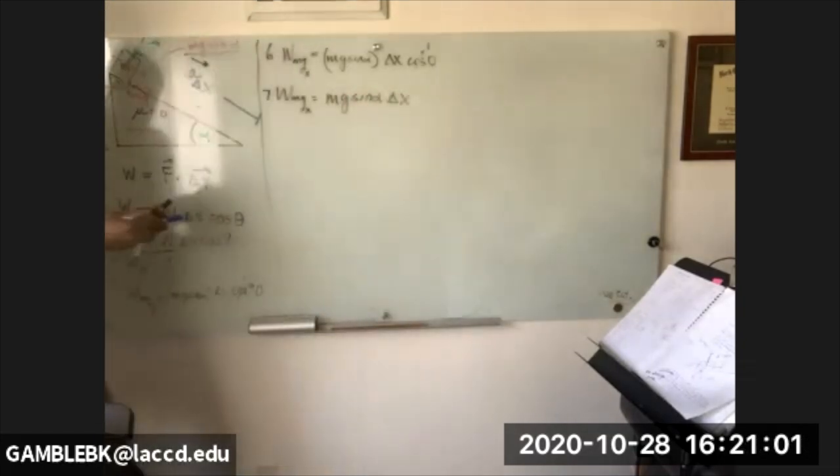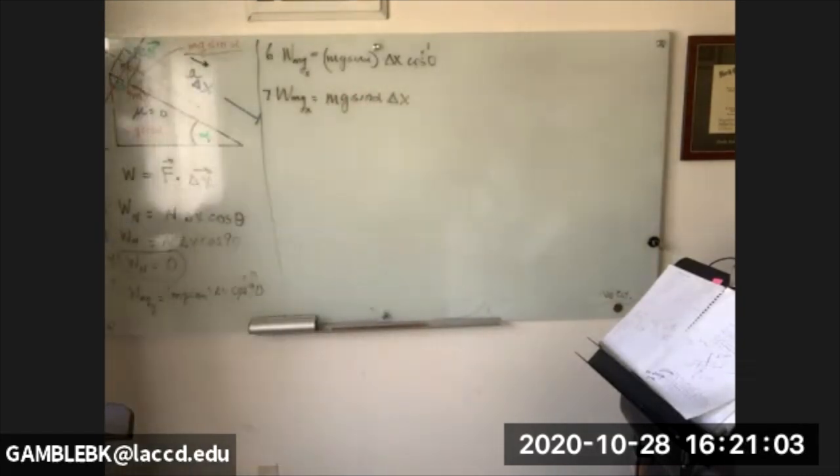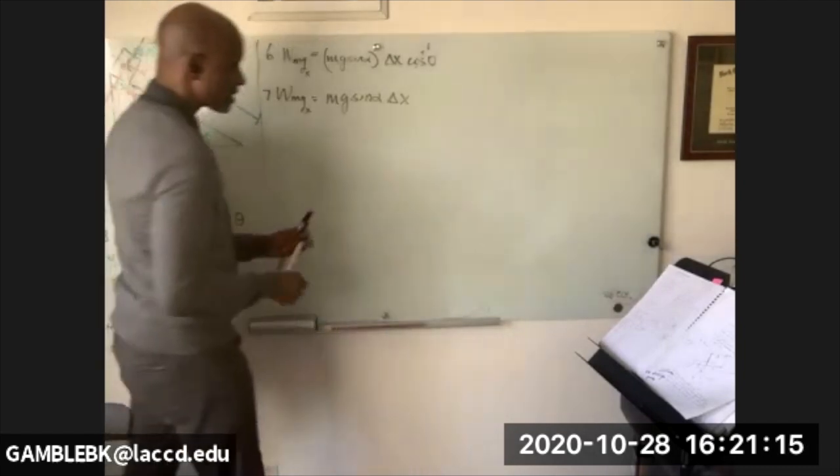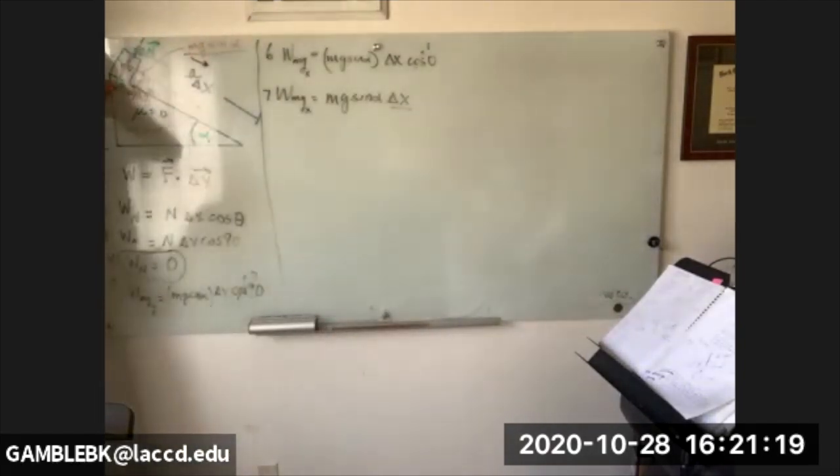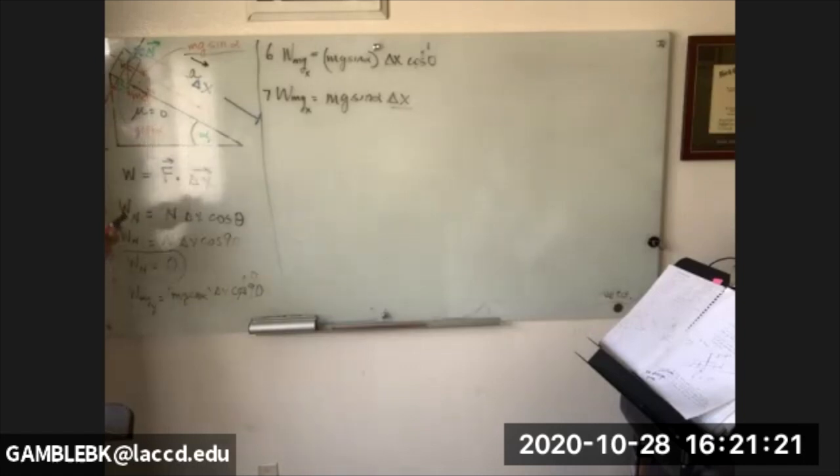Okay, now check this out, folks. I haven't really given you delta x. That wasn't one of the given quantities. The given quantities were, I've erased them, but m, h, and alpha. That's all. So technically, this delta x is an unknown. But if I have alpha and h, I could figure out what delta x is.